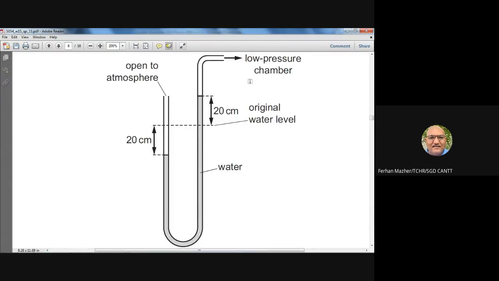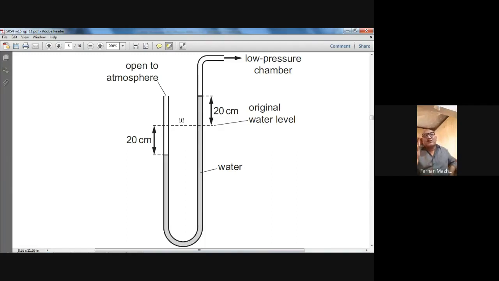Okay, so here we have the low pressure chamber, here we have the atmosphere, and you see this manometer has two limbs, and in both the limbs the level of the water is different from each other. So I am interested in the total difference in the levels: 20 centimeter here, 20 centimeter here. So the total difference between the levels of the water in both the limbs is 40 centimeter.